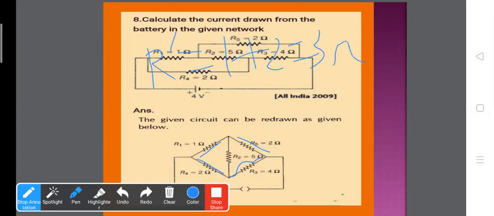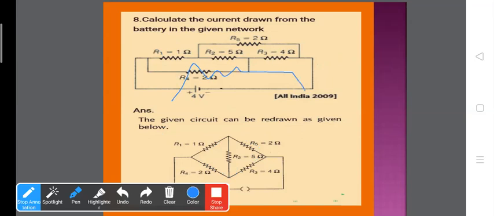Clear? And R4 and R3 are also in series, so the effective resistance is 2 ohm plus 4 ohm equal to 6 ohm. Clear? So the circuit will look like this.